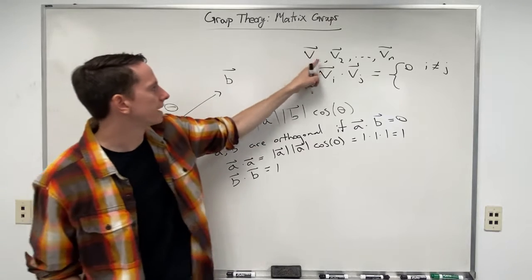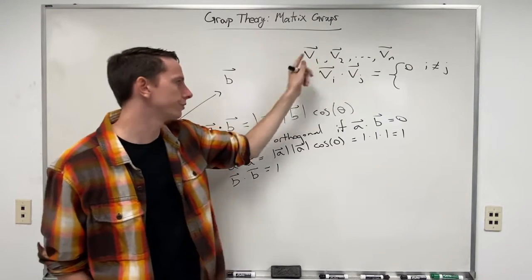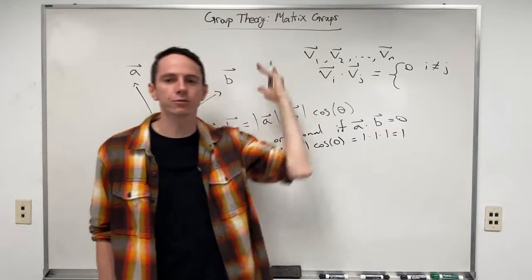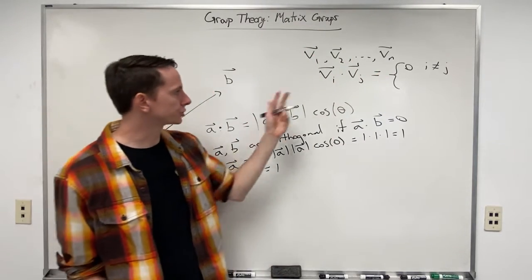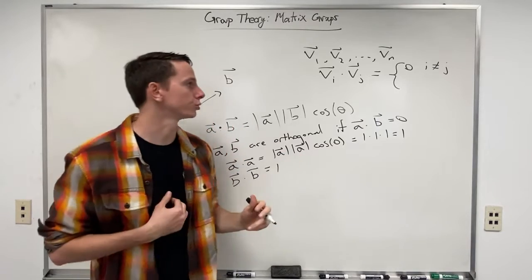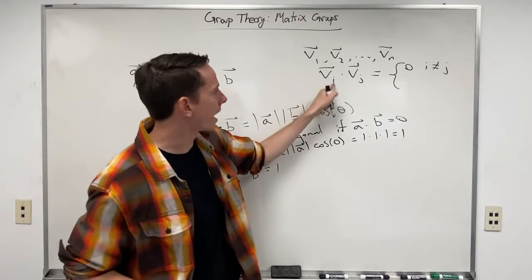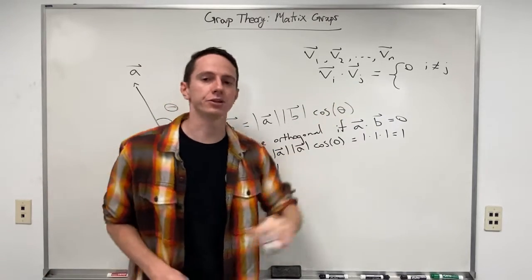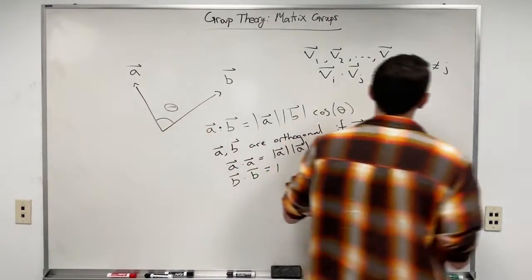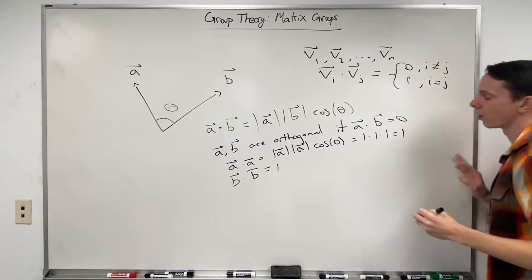Meaning if I take the dot product between v1 and v2, v1 and v3, v1 and vn, v2 and v7, whatever, as long as they're different vectors, they should be perpendicular to each other, hence orthogonal to each other, so their dot product is 0. But in the case where i equals j, I'm taking the dot product of a vector with itself. So in the case where i equals j, I'm going to get 1 right here.